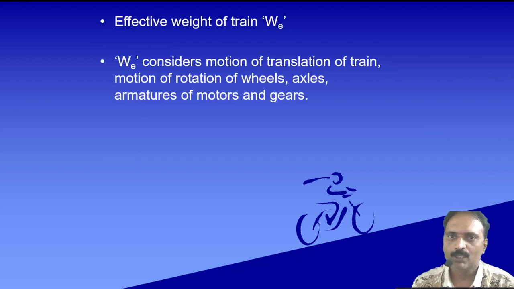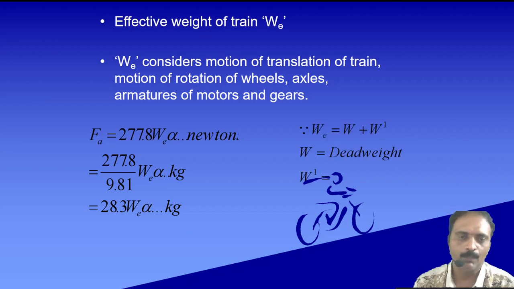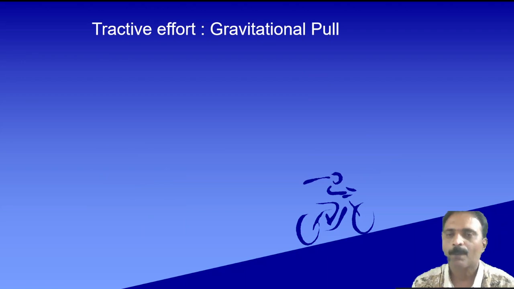So here the effective weight is considered as WE equal to W plus W dash. Just now we have seen that W is the actual weight of the train and W dash is the effect of rotational inertia. Now let us consider the gravitational pull.